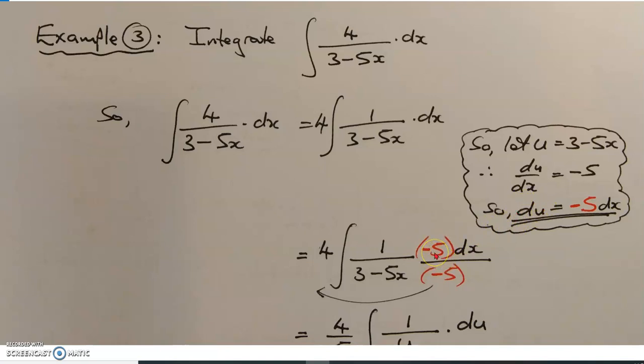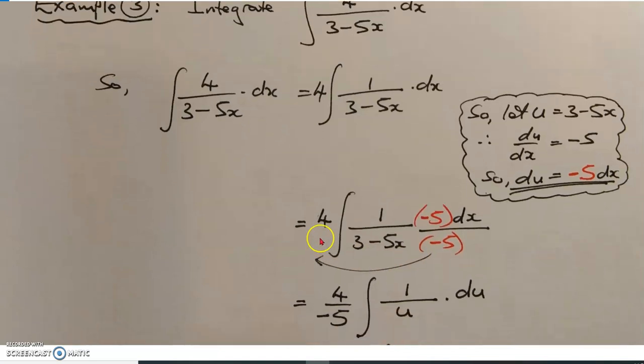But I can't multiply the integral by minus 5 if it changes the integral. So to keep the integral exactly the same value that it was at the beginning, I've got to divide by minus 5 at the same time as I multiply by minus 5. So that minus 5 divided by minus 5 is just plus 1. So I haven't changed the integral.